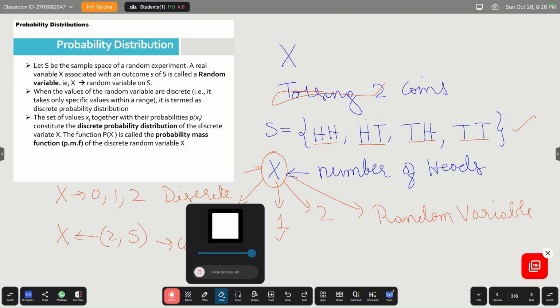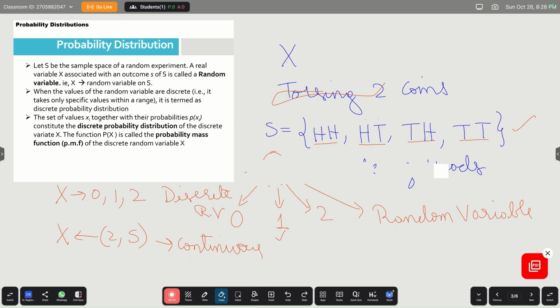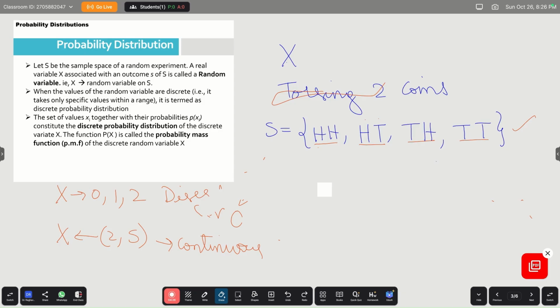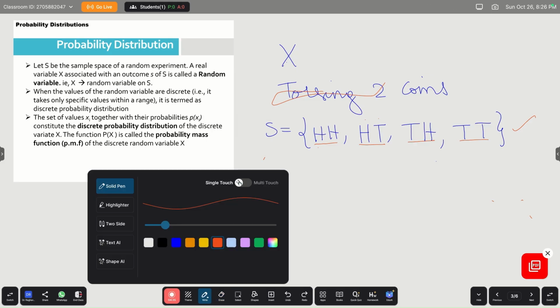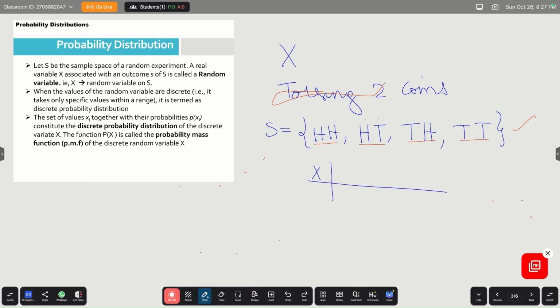I'll explain it with the same example that we have here. x is taking three values here: one is 0, one is 1, and the last one is 2. So x is taking the values 0, 1 and 2.